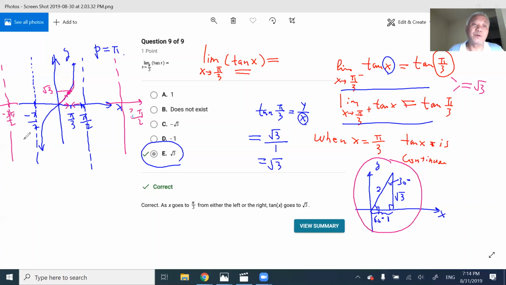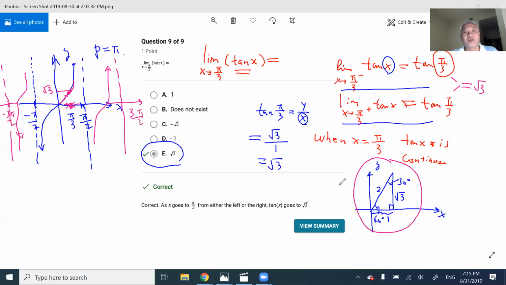This is periodic. They go like this, they go like this. But we just use this one because we're interested in the limit as x approaches pi over 3 here. Because around this region the tangent function is continuous, you know the left limit and right limit must be equal, and also equal to root 3 using the special triangle.